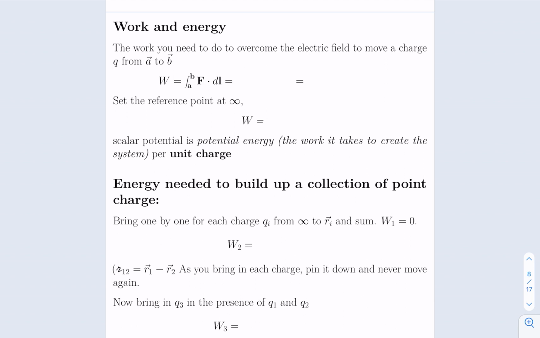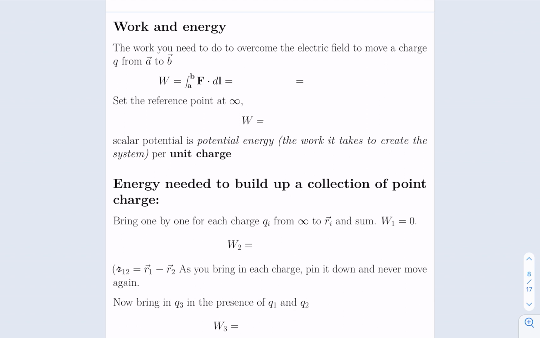Then that means that the work should be calculated by doing an integral of force along a specific path, right? And this force is a bit tricky. It's not the electric field force that we are interested in. It's actually the force that we need to overcome the electric field.